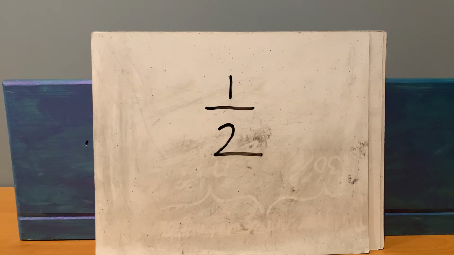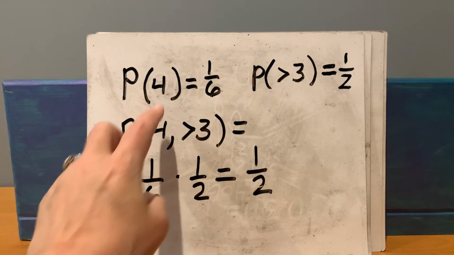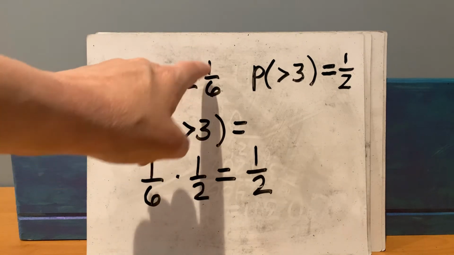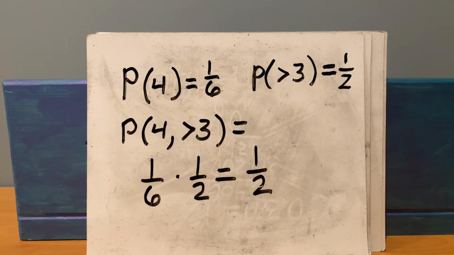Now, let's do one more. What is the probability of rolling a 4 and then a number above 3 in 2 rolls of a single die? Well, there are 6 numbers on the die, so we know the probability of rolling a 4 is 1/6. What is the probability of rolling a number greater than 3?